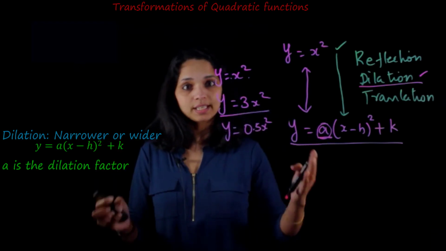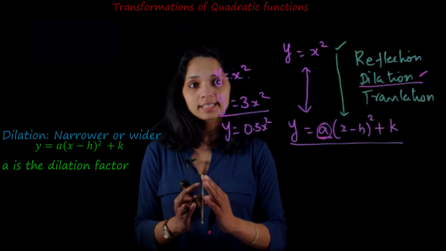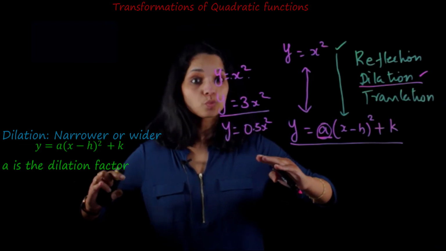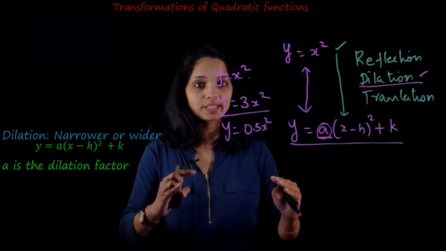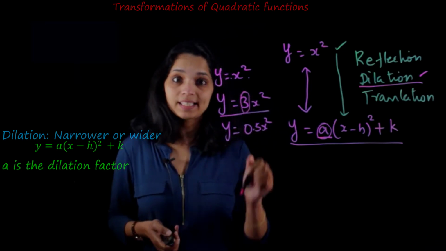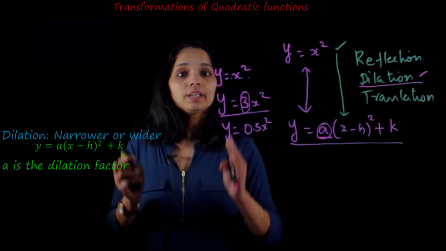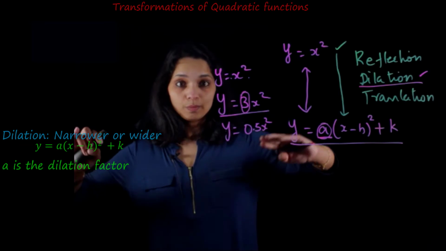Even if it's reflected, 3x squared will be narrower and closer to the y-axis compared to y equals minus 0.5x squared, which is wider and farther from the y-axis. It's just reflected, so the numerical value is the only thing that matters. It doesn't matter whether it's negative or positive. If the numerical value increases, the graph will be narrower, and if it decreases, it will be wider.